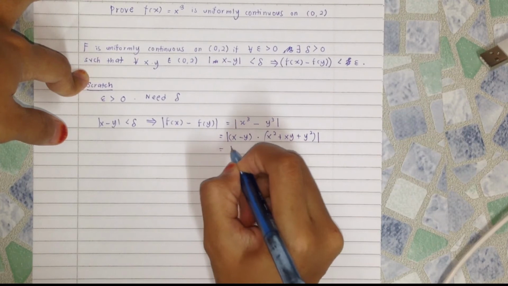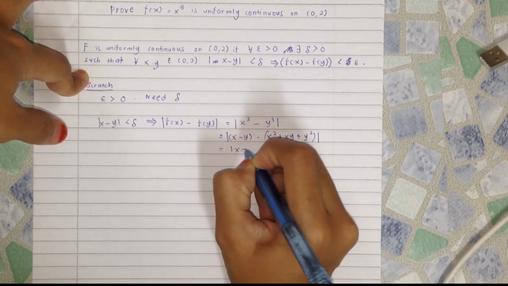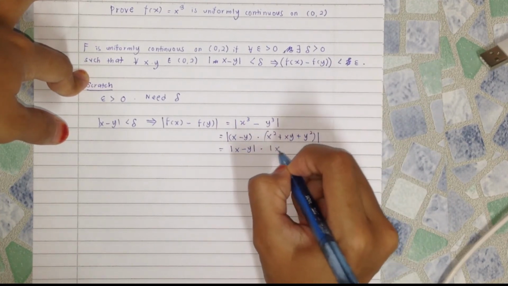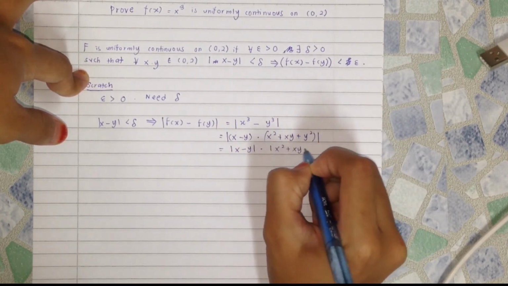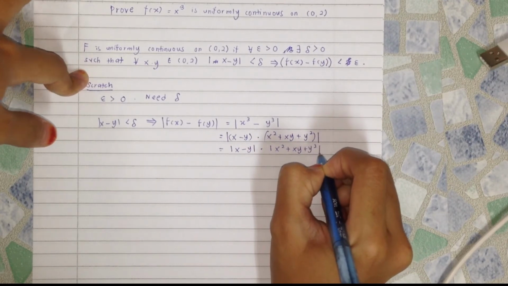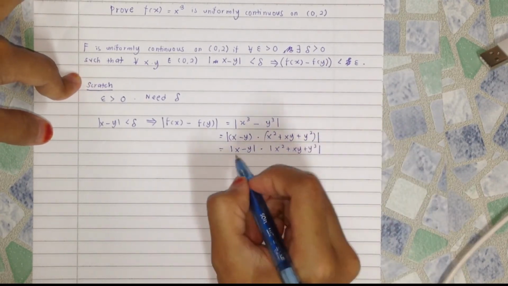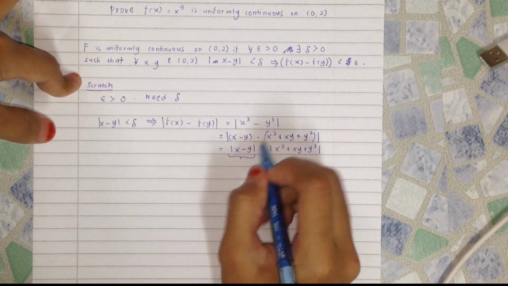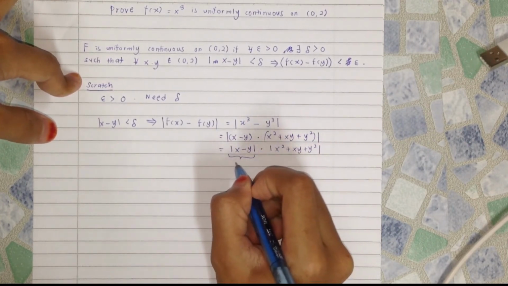This is the absolute value of x minus y times the absolute value of x squared plus xy plus y squared. So this piece can be made less than delta.